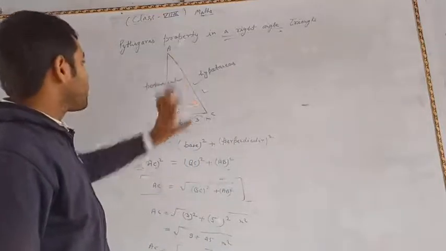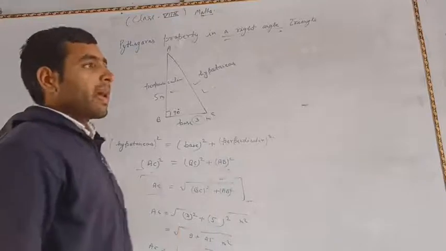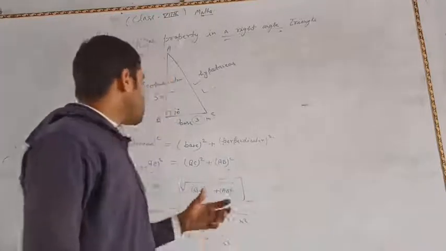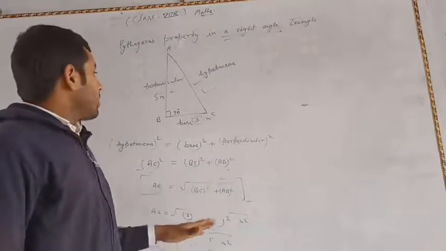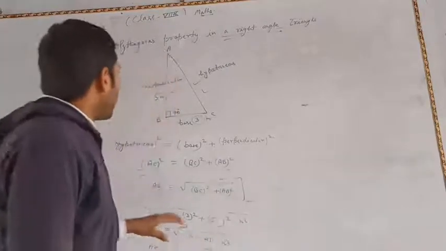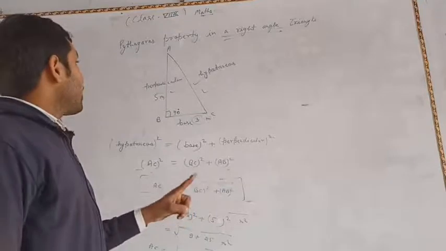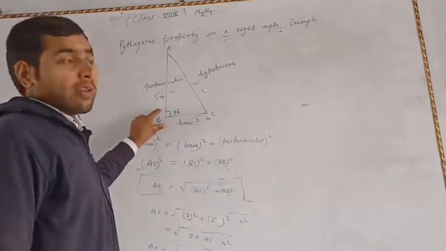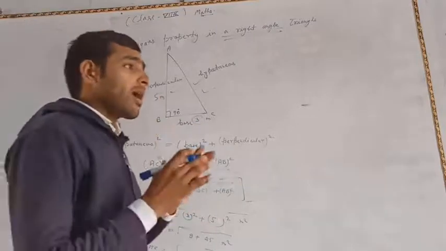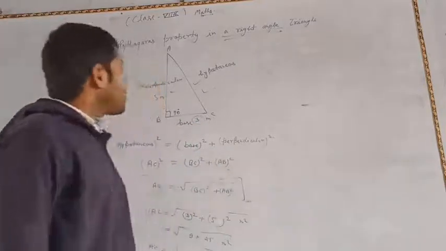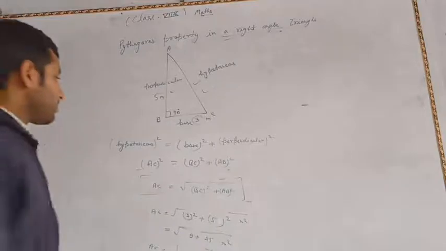Again, you can apply this property to other triangles, but there is a condition: this property is used only for a right angle triangle, not any other type of triangle.